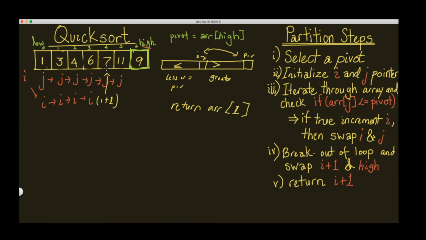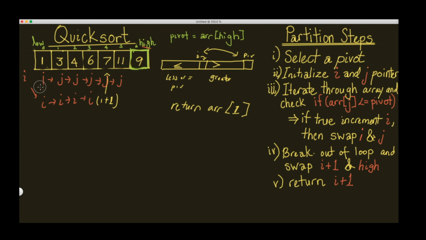But you see how everything to the left of 7 is relatively sorted. The 3 was our first pivot, but the 7 is our second pivot. It's in its final sorted position. Again, those boundary conditions are satisfied.